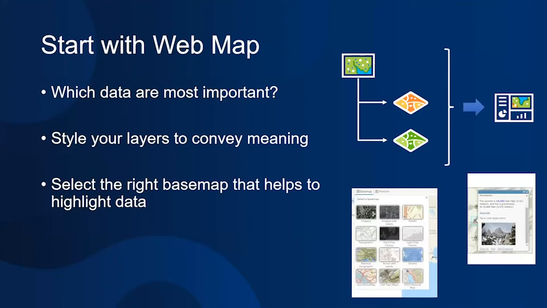You have to focus on the most important data when you add the web map. Maybe in the web map you have 15 layers, but these 15 layers are not all important for my dashboard. The statistics and KPIs will come from 2 layers maybe. So the rest of the layers are not required.